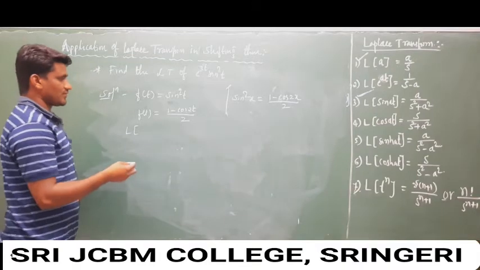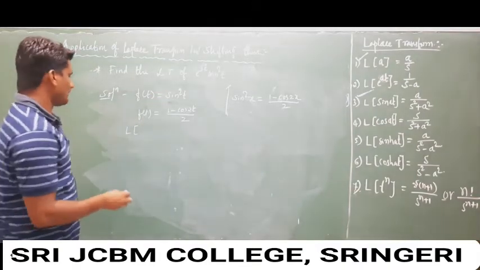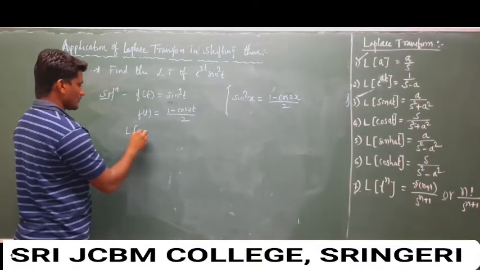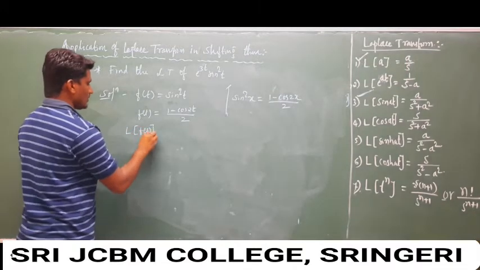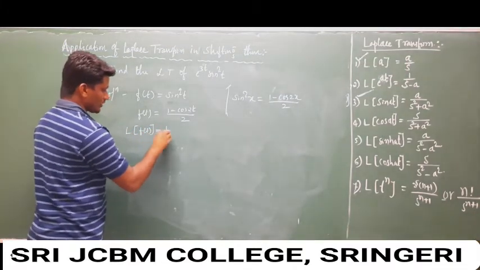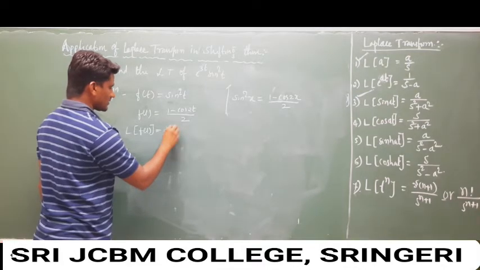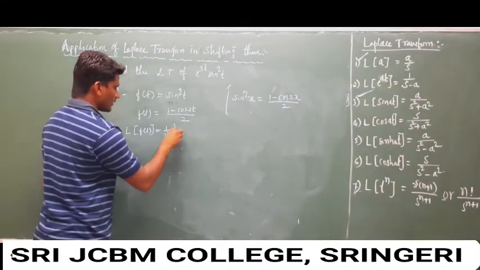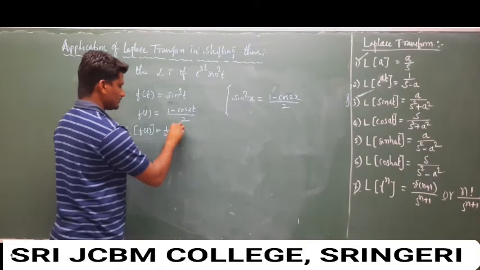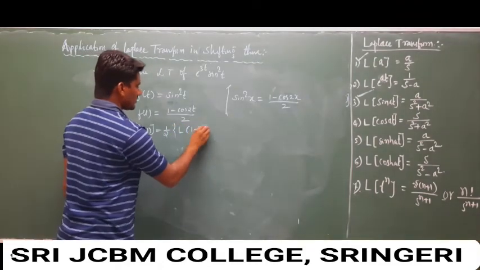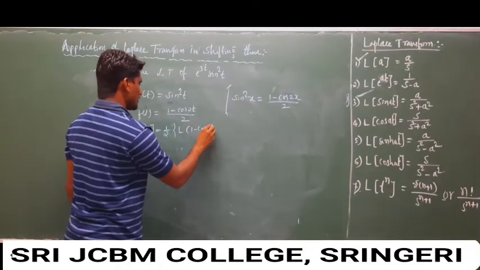the Laplace transform, one of the standard tools. For f of t, I will take 1 over 2 as a constant, and the remaining terms are the Laplace transform of 1 minus cos of 2t.